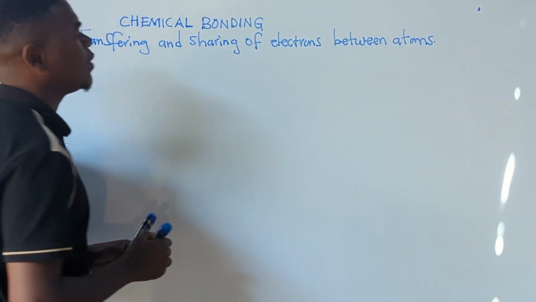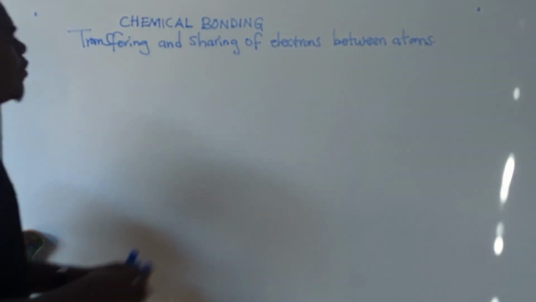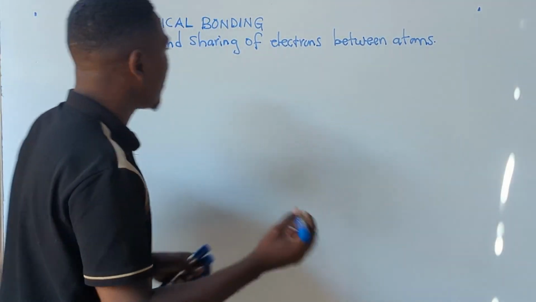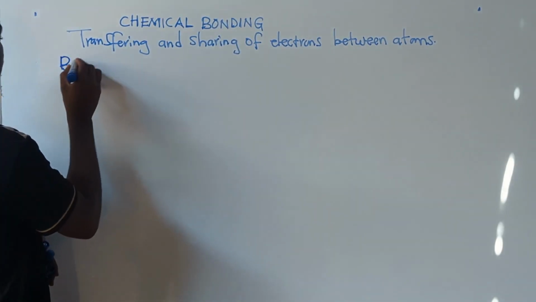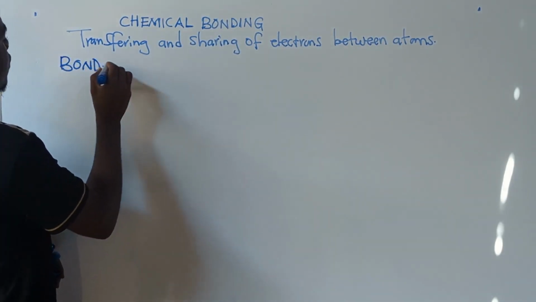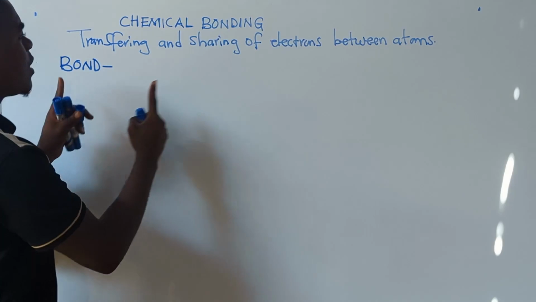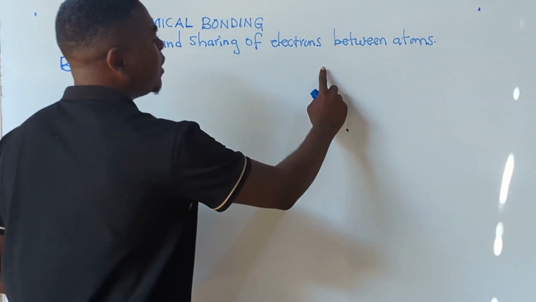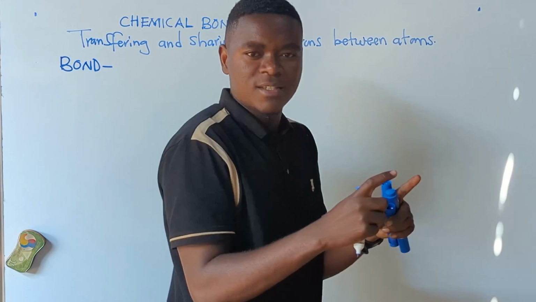When this transferring and sharing of electrons happens, we form what we call a bond. We are going to form a bond. I think you are able to relate. Chemical bonding is the sharing and transferring of electrons between atoms to form bonds.